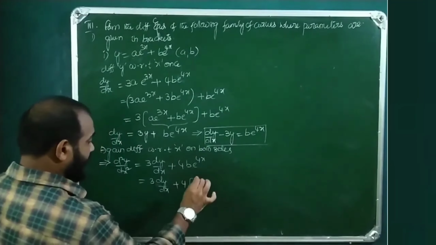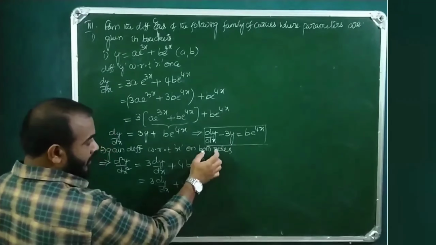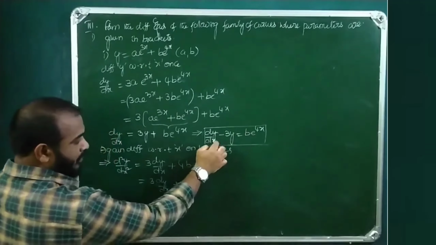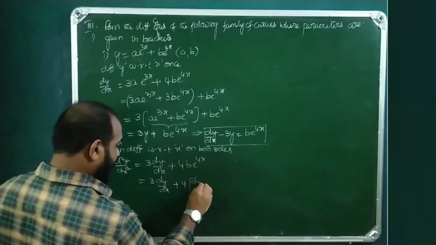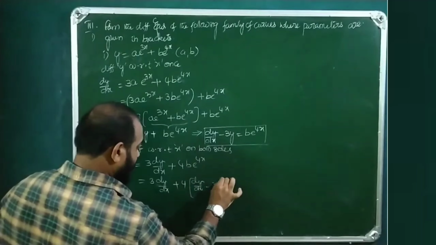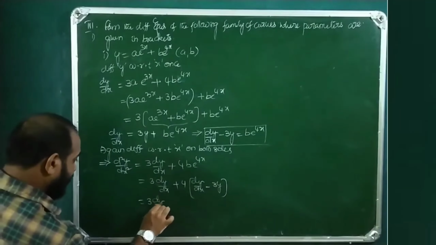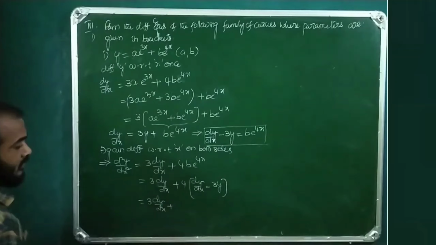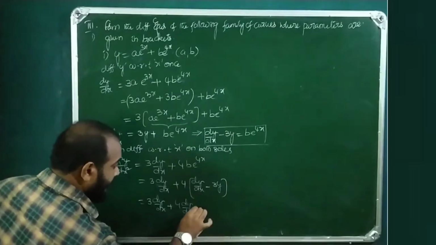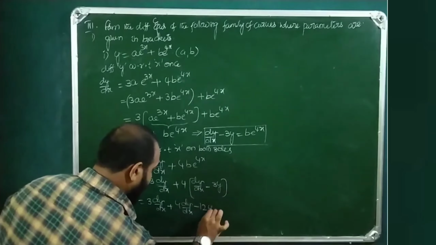So I will replace b e^(4x) with dy/dx minus 3y. So d²y/dx² equals 3 dy/dx plus 4 (dy/dx minus 3y), which is 3 dy/dx plus 4 dy/dx minus 4 threes are 12y.